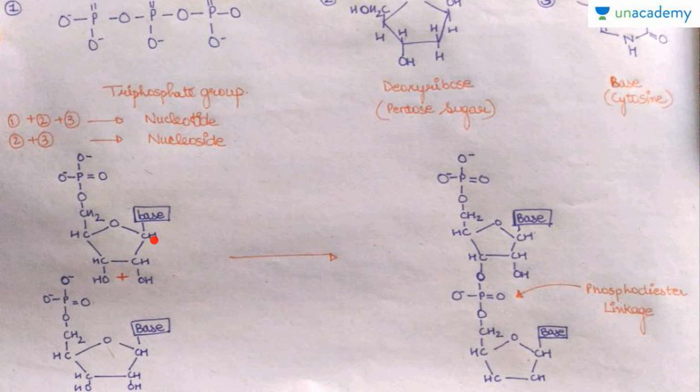When one nucleotide comes in contact with the other nucleotide, it forms a bond in such a manner. H2O is given out from here and here, and as such it gives rise to a bond which is termed as a phosphodiester bond, this central part right here. So this phosphodiester bond is basically responsible for all the bonding that takes place in nucleic acids.